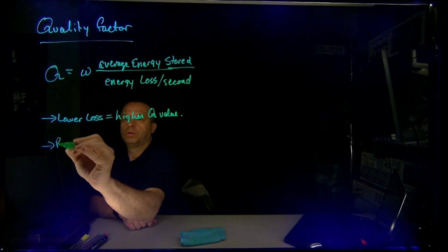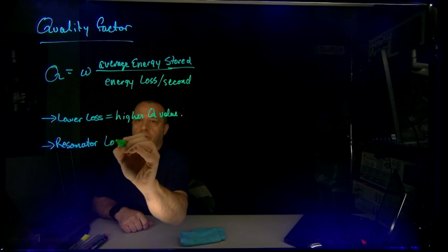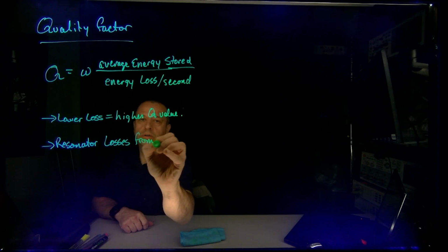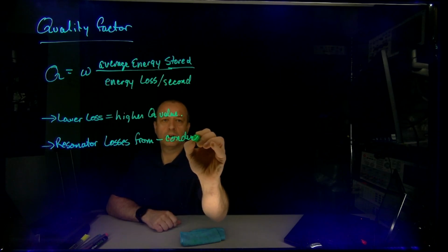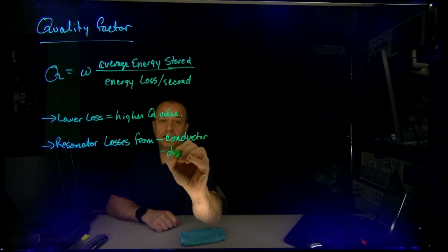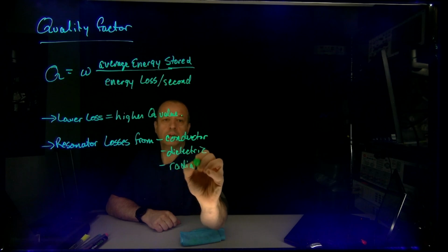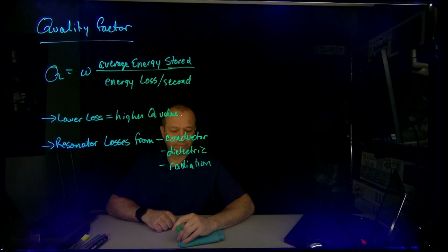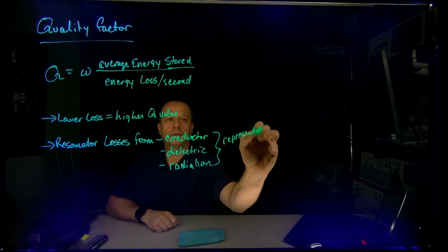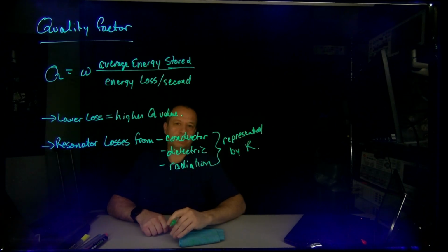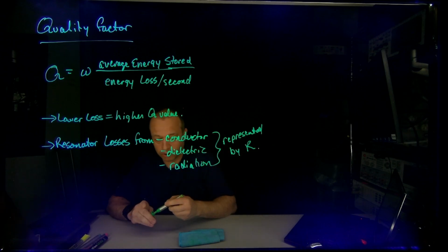Your resonator losses are from the conductor, your dielectric, radiation, heat. And all of this is represented by R. Okay, so that's kind of where we just lump all of that together. Anything that has a permanent loss, we lump together with R.